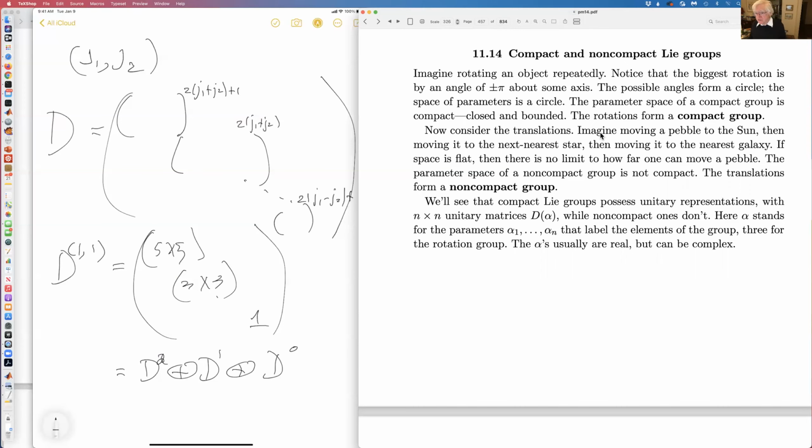Symplectic transformations are non-compact, but rotations and, what I meant was the orthogonal groups and the unitary groups, of course, are compact.